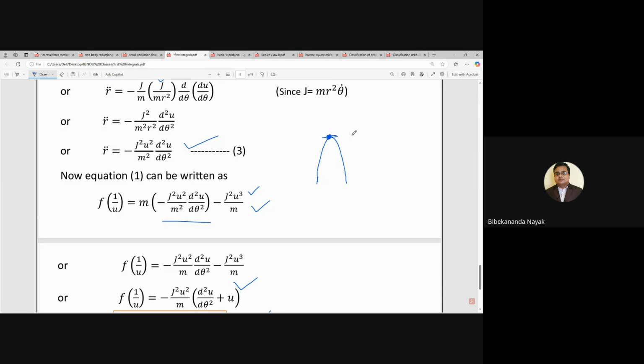Here the velocity becomes 0. So if velocity becomes 0, then what happens to the system?